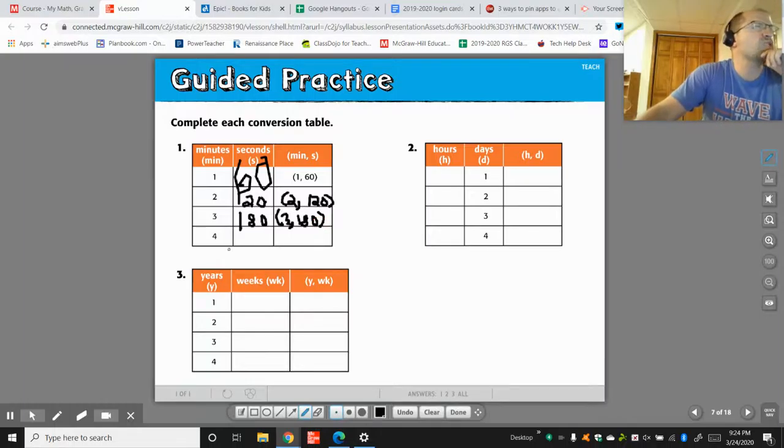And then now 4 times 60 is 240. 4, comma, 240 seconds. Well, that's not bad.